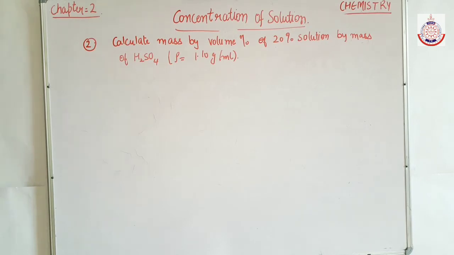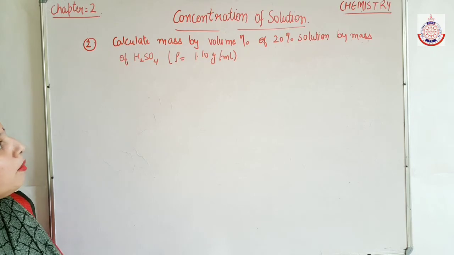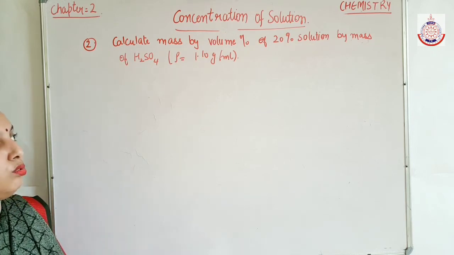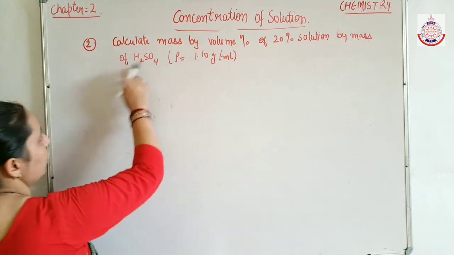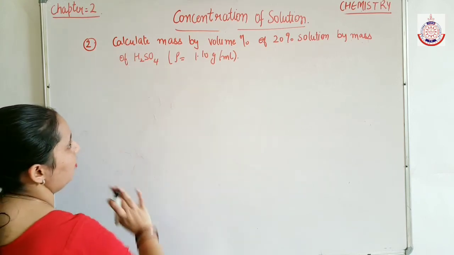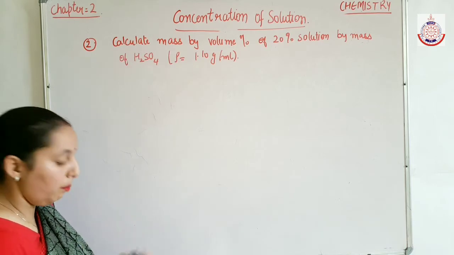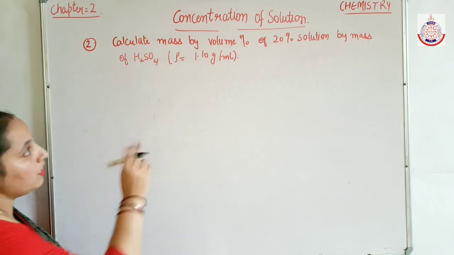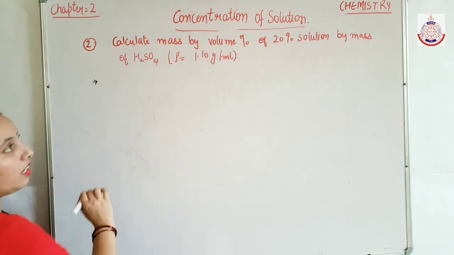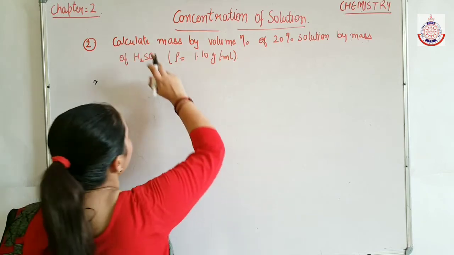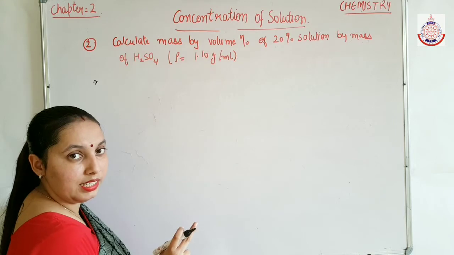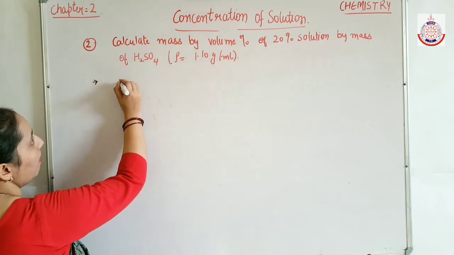Now see the different approach and different numerical of the second numerical. Calculate the mass by volume percent of 20% solution by mass of sulfuric acid, and density is given to you. While reading the first time, many of you are not able to understand what is given and what you have to find. First, what we have to calculate?